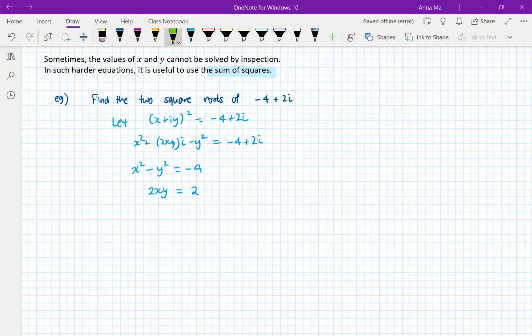I might write this on the side, but if you think about squaring the sum of the squares, you get x to the 4 plus 2x squared y squared plus y to the 4.